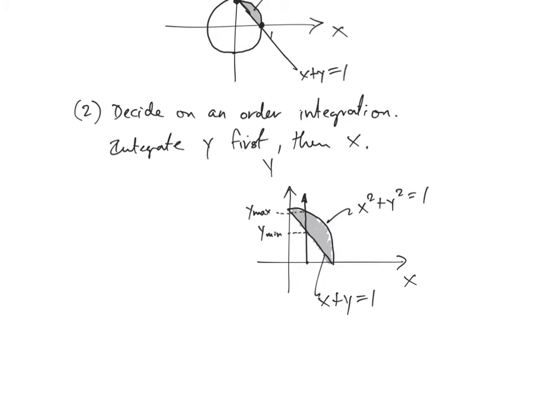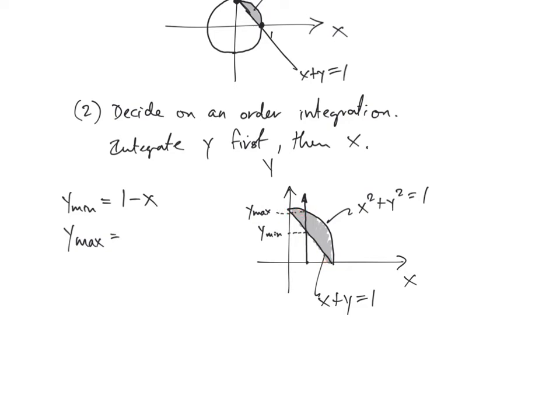Okay? So that means y min is no longer a number, it's a function of x. It's going to be 1 minus x. Okay? Same thing with y max. I ask myself, what is the value of y when I leave the region of integration? Well, it's going to be this.